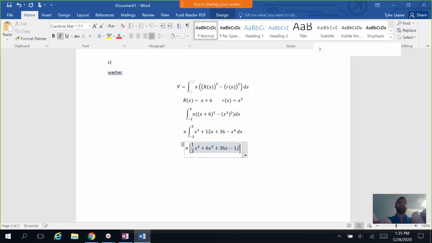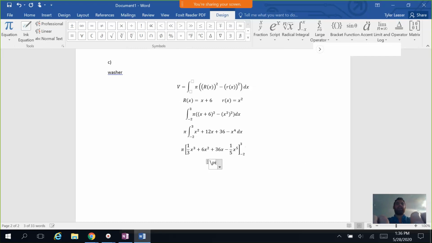Again, just power rule stuff for these, raising the exponent up by 1 and then dividing by that exponent. And then we're going from -2 to 3 again. So plug 3 into all of that stuff, minus plugging -2 into all of that stuff. I'm going to use a calculator this time because it's too much work.